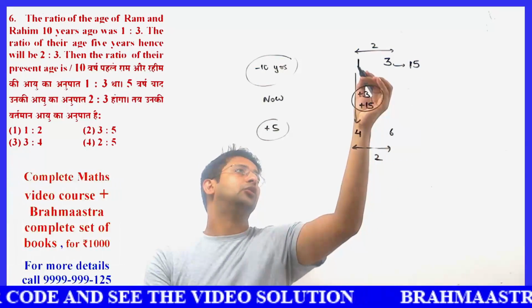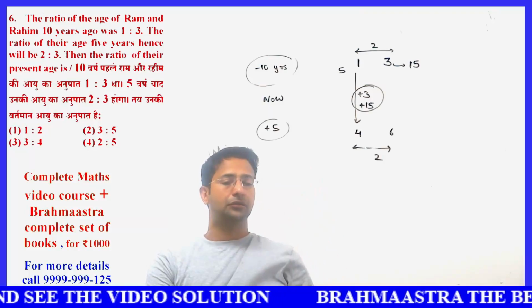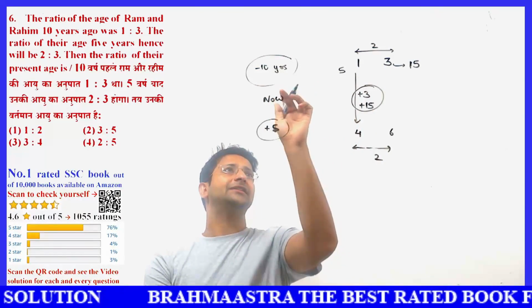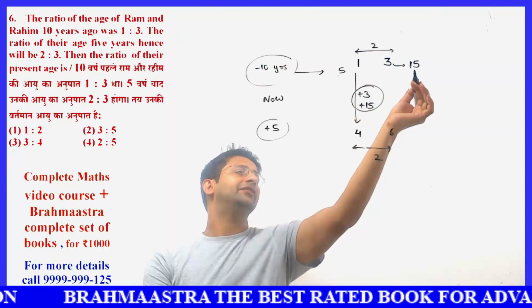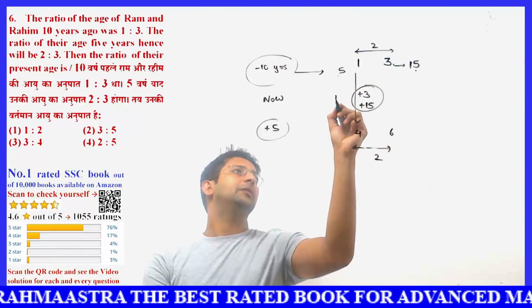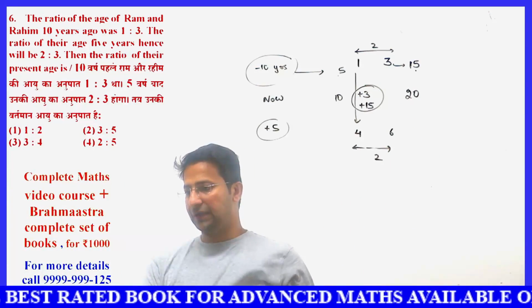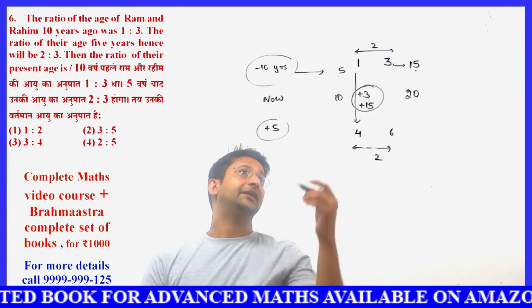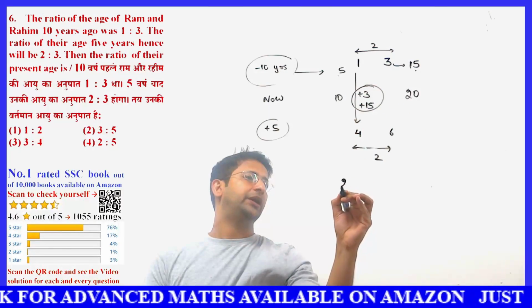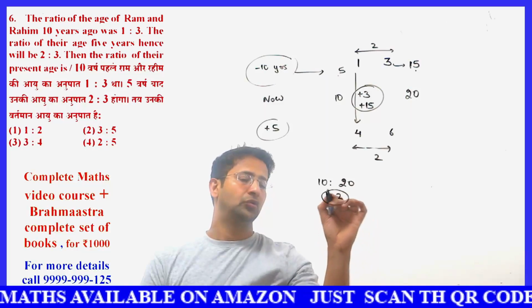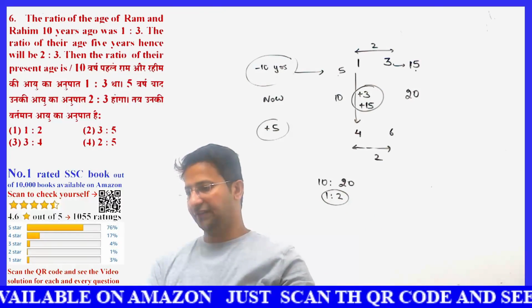So 1 part corresponds to 5. Okay. So 10 years ago, their ages were 5 and 15. So now their ages will be what? 10 plus 5 and 20. What is being asked? The ratio of their present age. Ratio of their present age is 10:20 or 1:2. I hope it makes sense.